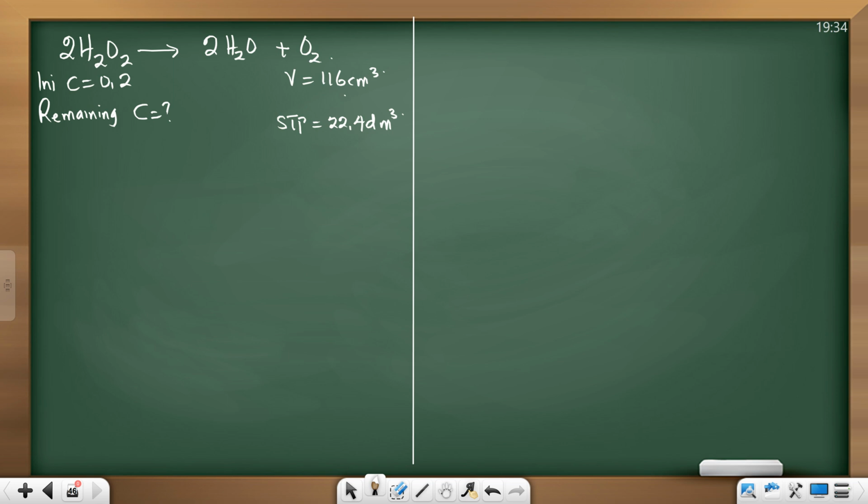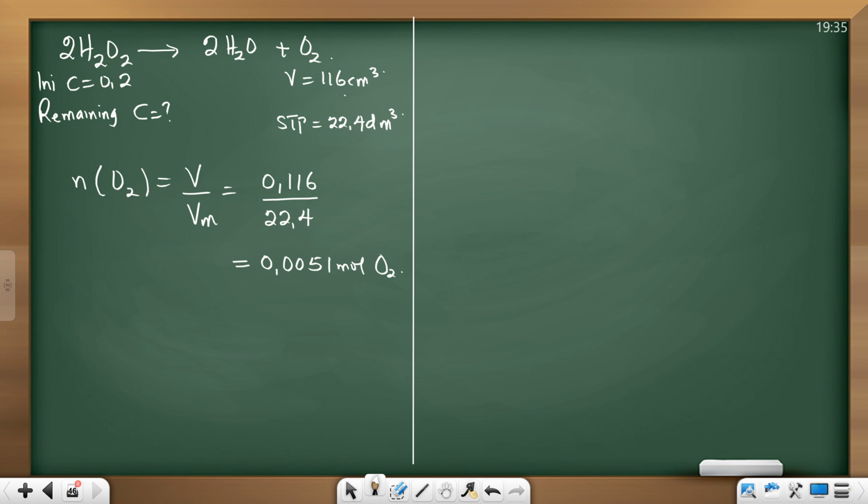So first is to convert that into moles. What would that be? 0,116 dm cube. Please give me an answer quickly. 0,116. 0,0051. Okay, moles of what?